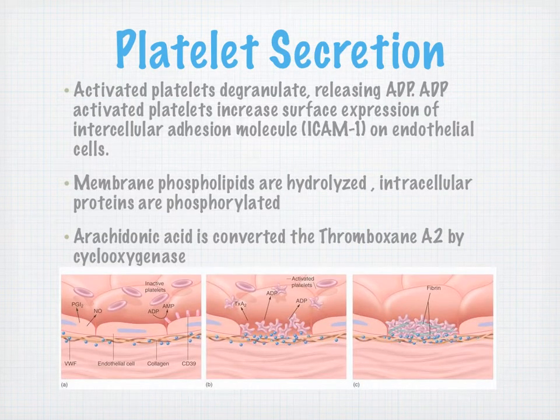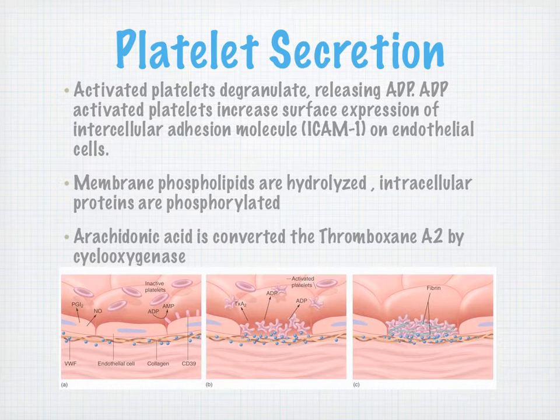Next slide there is platelet secretion. And that's interesting to think about. So we've got activated platelets that degranulate, and they release a bunch of junk, which increases the surface expression of this molecule called ICAM on the endothelial cells. And you can see a whole bunch of biochemistry terms there.